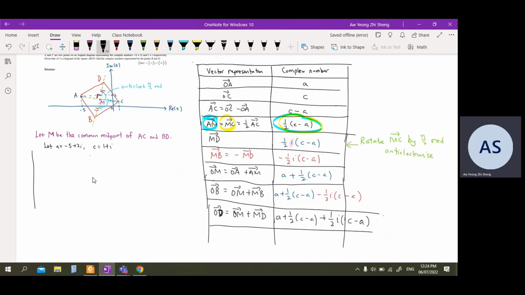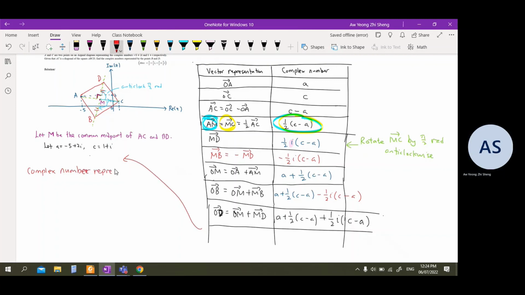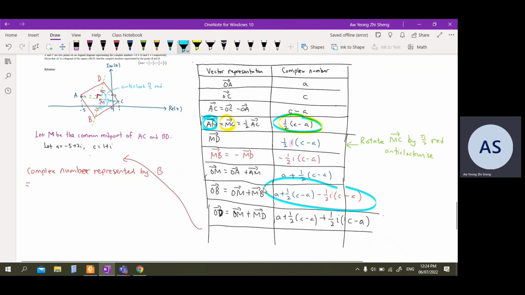Okay, now it's time to write down the complex number represented by B and D. Okay, complex number represented by B. So it's just this number being brought here. And then you just sub in the numbers and calculate.